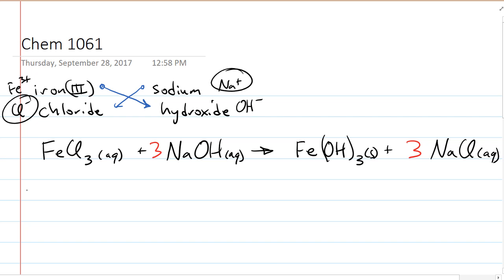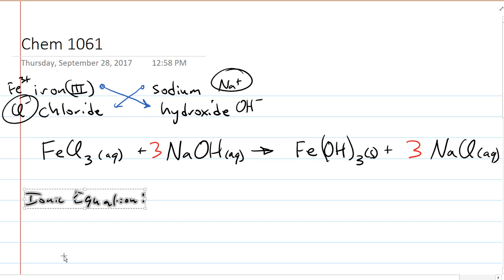Now we are going to write out the ionic equation. If we write out the ionic equation, we need to identify the strong electrolytes. So we go back and ask yourself, is iron 3 chloride a strong electrolyte?